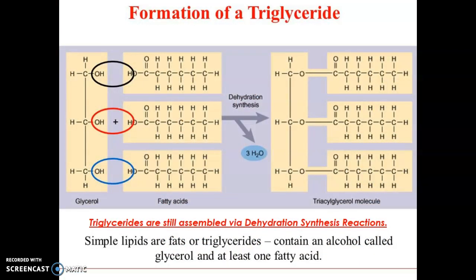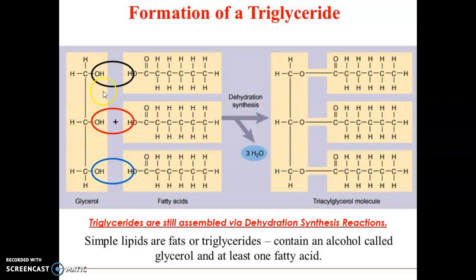Before we do that, a triglyceride or lipid, again, is going to be made by the same type of reaction that we have discussed for both carbs and nucleic acids. And that is going to be a dehydration synthesis reaction. But this time, to make one triglyceride over here, one jellyfish, we're going to have to connect 3 fatty acid tails to the head, or the glycerol molecule.